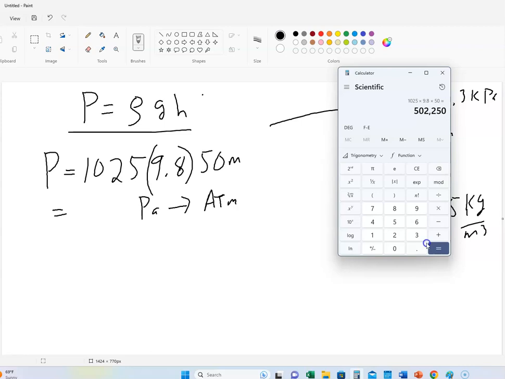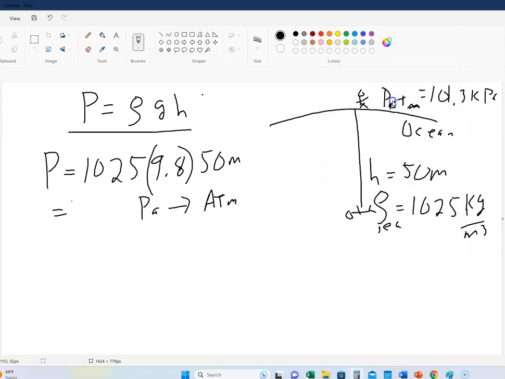You can see this is over 502.3. I'm going to do it in kilopascals, so let's write that: 502.3 kilopascals. The kilo, of course, means 1,000 pascals.